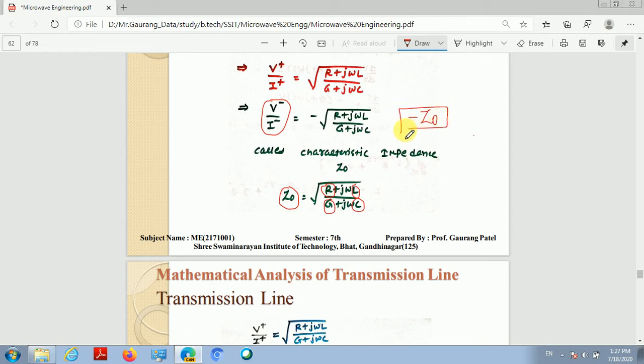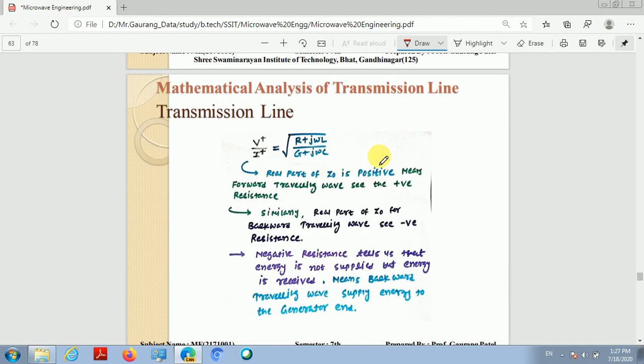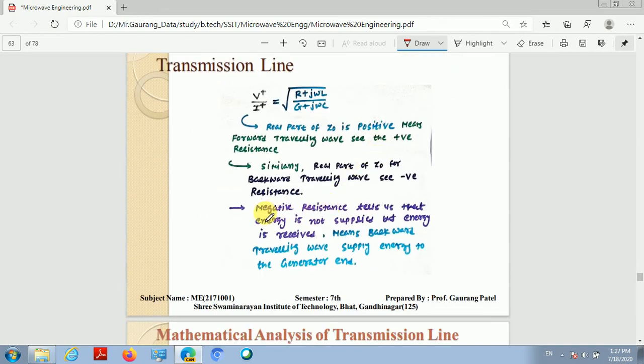Okay, and we also discussed that this negative sign indicates negative resistance, basically the real part of Z0, that is the resistance. So negative resistance tells us that energy is not supplied but energy is received on the transmission line.